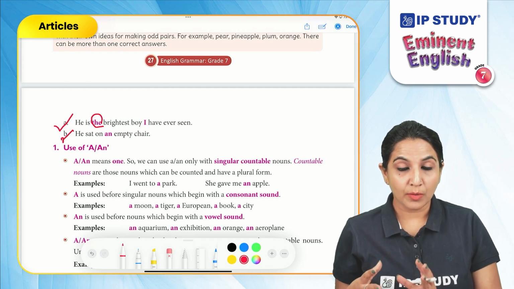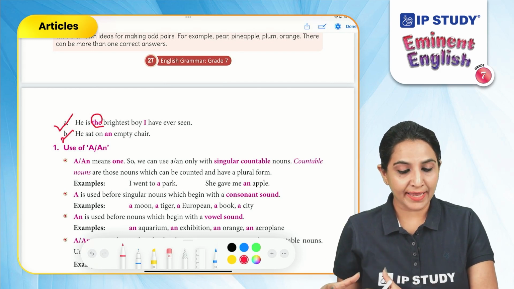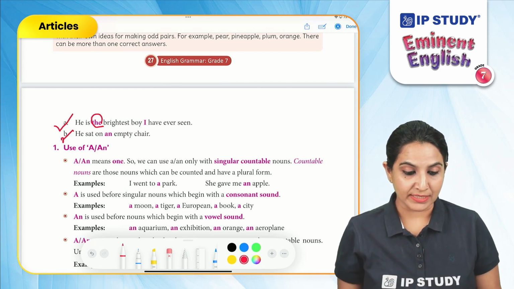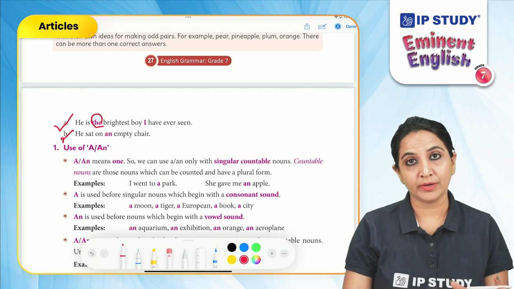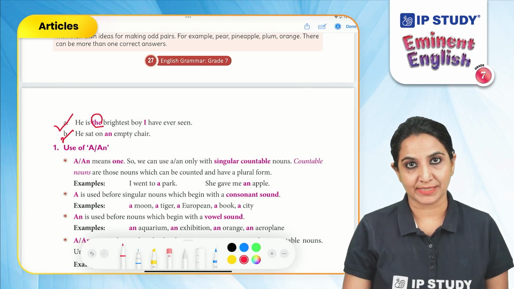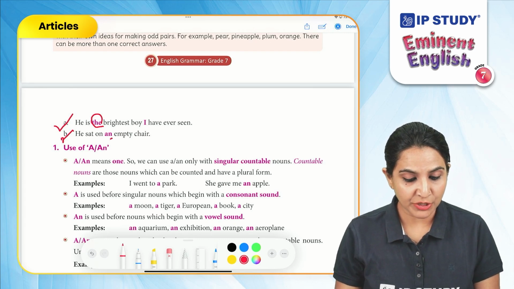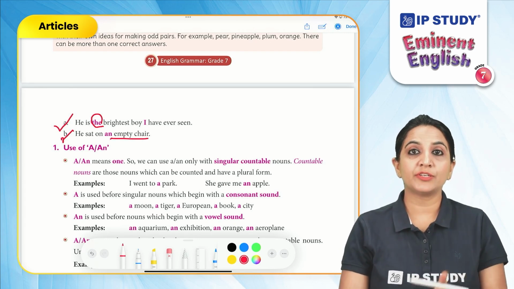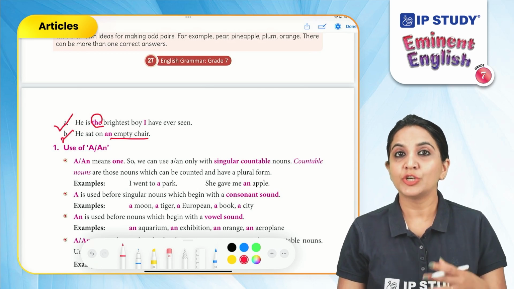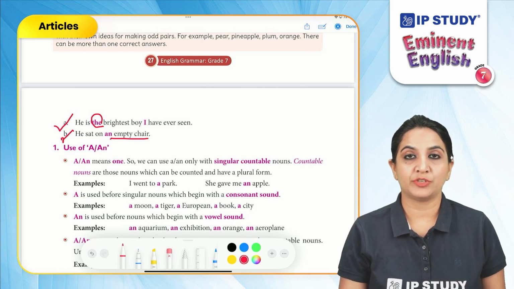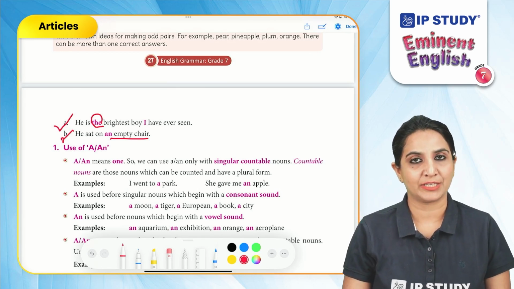So here, boy is a noun and article the has been used before the adjective brightest. Another example, empty chair. Now here we are talking about a noun chair, but there is an adjective to the chair which is empty, hence we've used the article before the adjective.